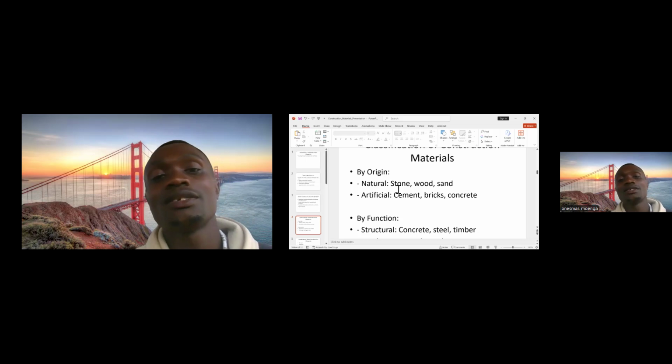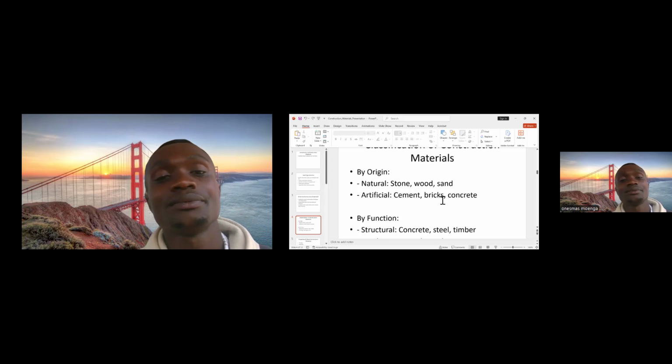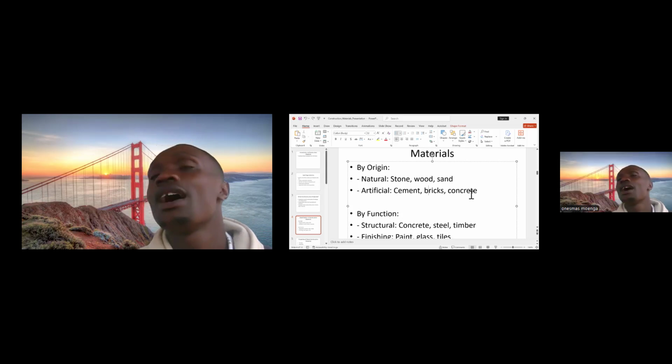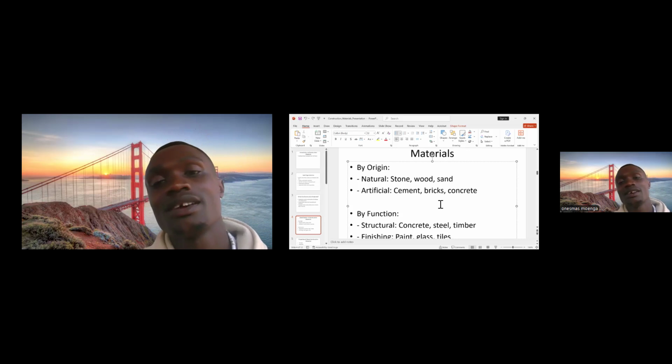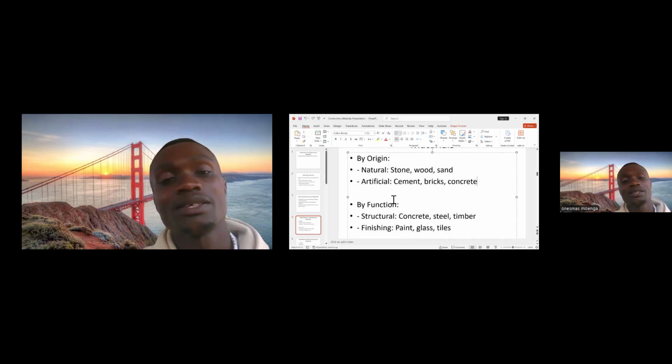Under natural materials, we have the stones, the wood, and the sand. Under the artificial, we have the cement, bricks, concrete. These artificial ones are the manufactured materials that we usually buy that are not found naturally. They are manufactured from the industry.